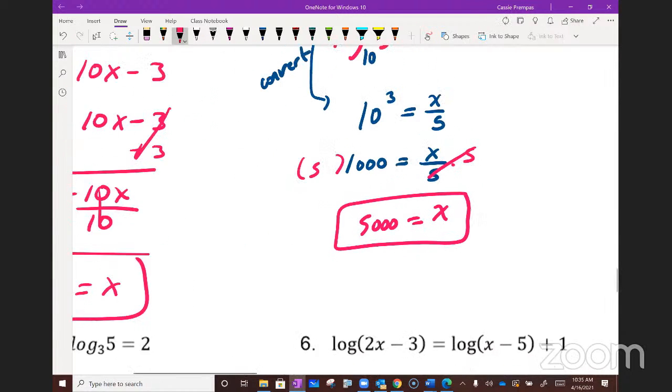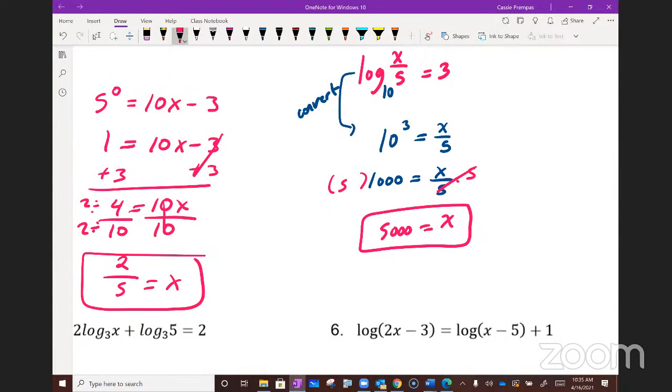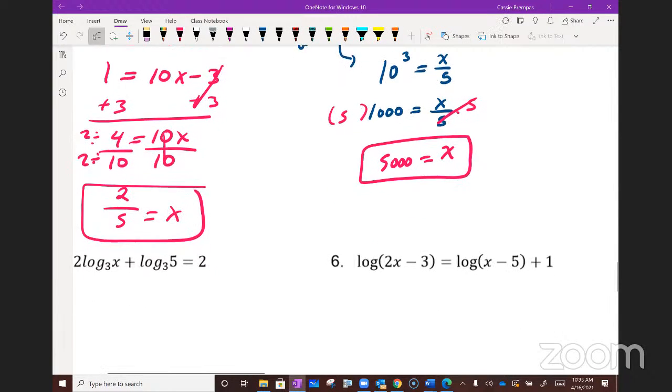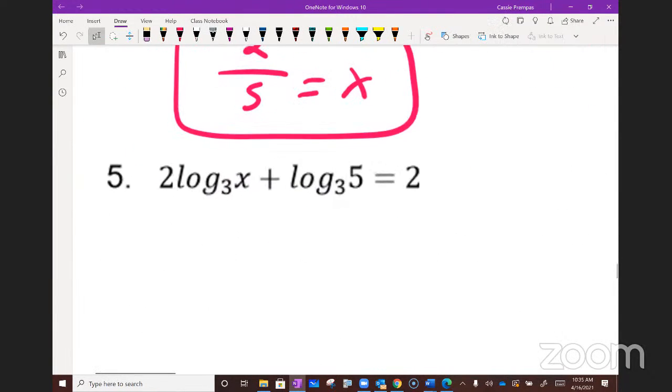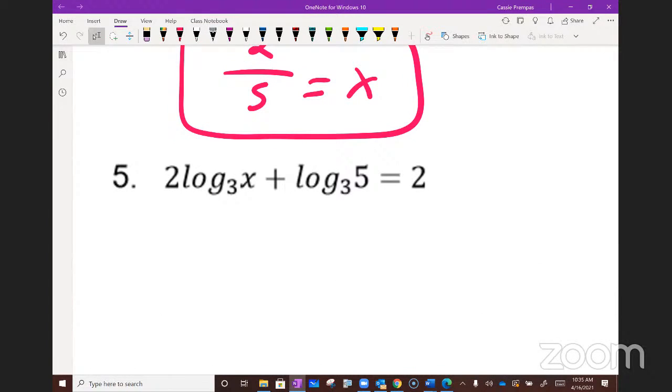All right. Number 5, the log is definitely not by itself. I'm combining. Which property do you have to use first if you're combining? Power, good. Where do we see the power property here? Excellent, the 2 before the log. We need to bring that back up to the power of x.